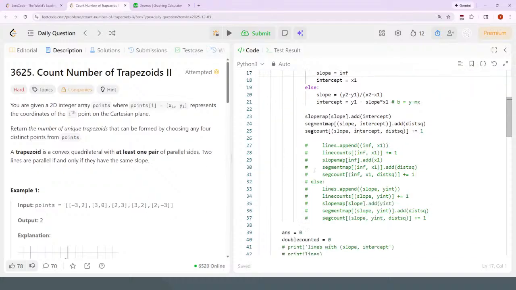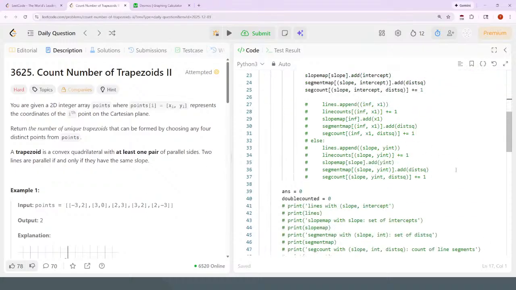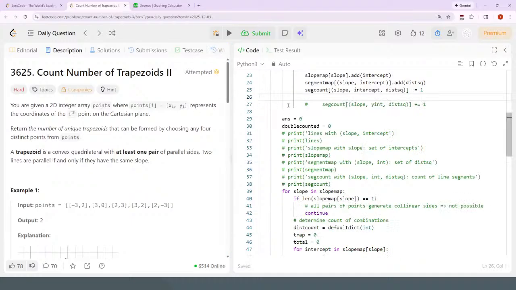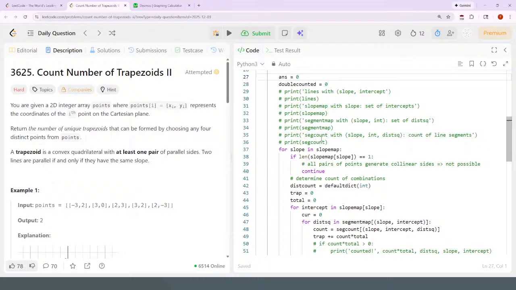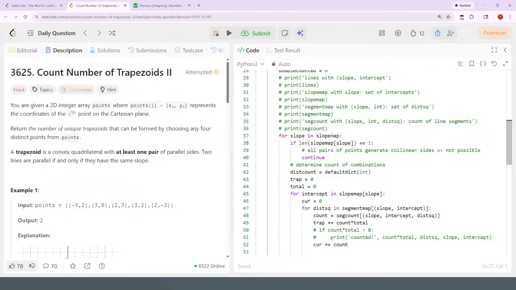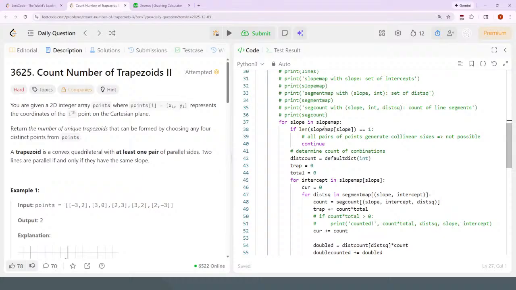Okay, I think those are all fine-ish. I think I can probably delete this now. Pretty safe in my assurance that I don't need it anymore. Alright, double counted. Slope and slope map. If everything is only on one line, then ignore. That cannot possibly be contributing to counting too much.